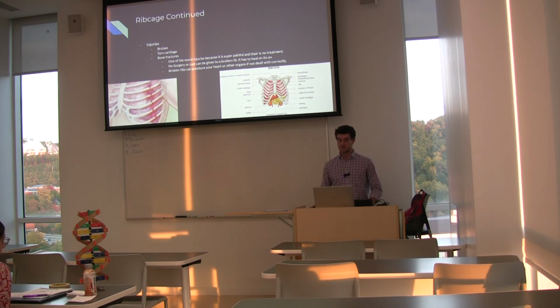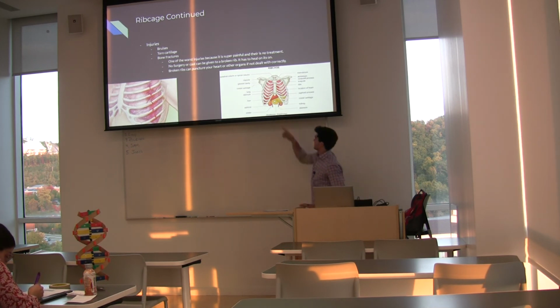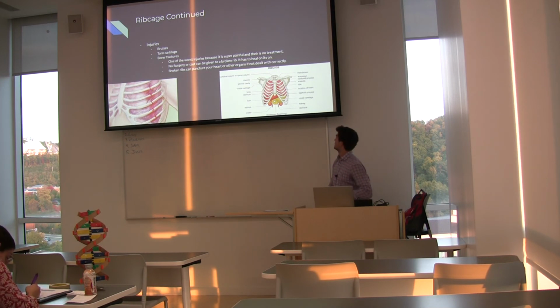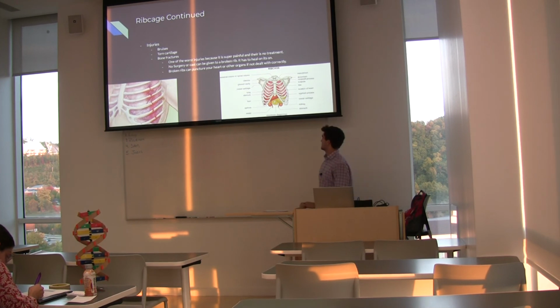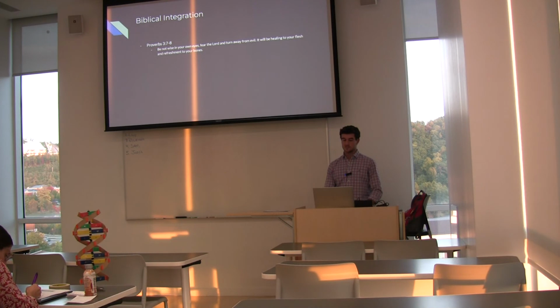And this is also pretty severe because if you have a broken rib just sticking out there, you see all these different organs that are around it that could potentially be punctured by that rib if it's not taken care of correctly, or if you're not careful about the broken rib. It could very easily hit any of these organs and damage or puncture them wherever the fracture is at.